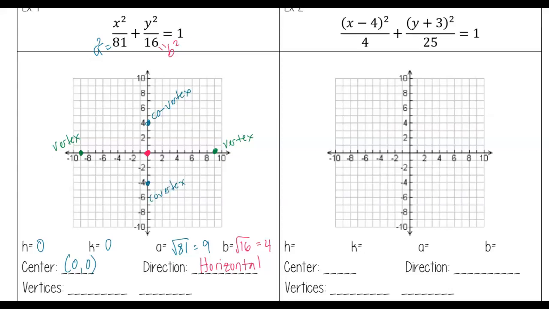And then you just connect these. And you create your horizontal ellipse. It's horizontal because the longer axis is horizontal. So if you graph your ellipse and you know it's a horizontal ellipse and then it ends up turning out looking like this, it means that you graphed it wrong.